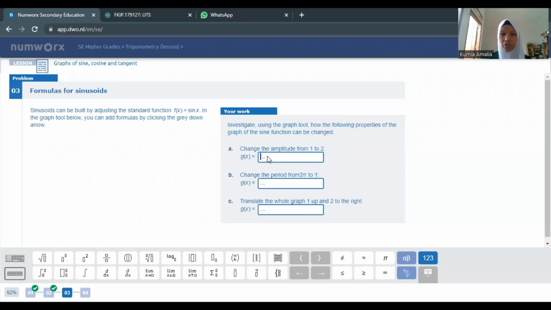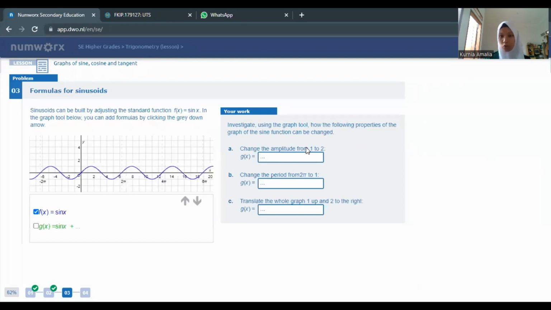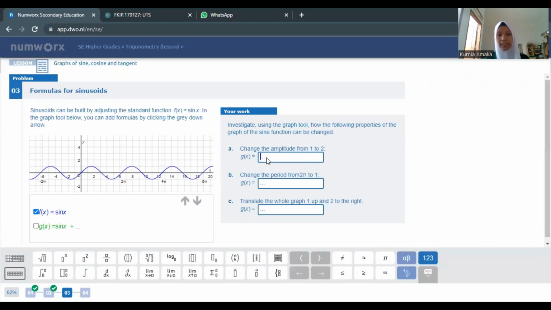So if we want to change the amplitude from 1 to 2, we can write the function as 2 sin x. Okay, correct. Or maybe we can see what the difference is. Don't forget to click the checklist section, and as you can see from this green line, this is the graph of 2 sin x.